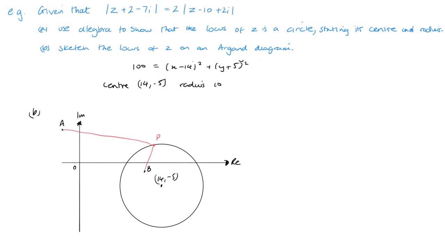The next is to do with angles. Now, for the next bit that we're going to look at, we want to start off with arg(z - z1) = theta.